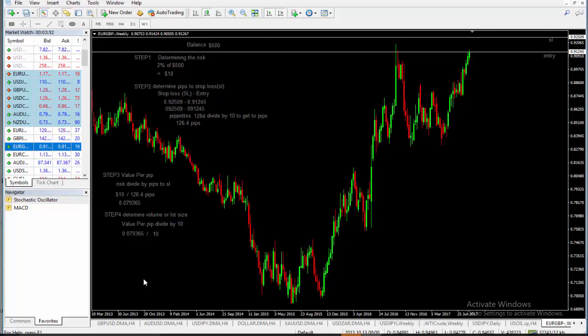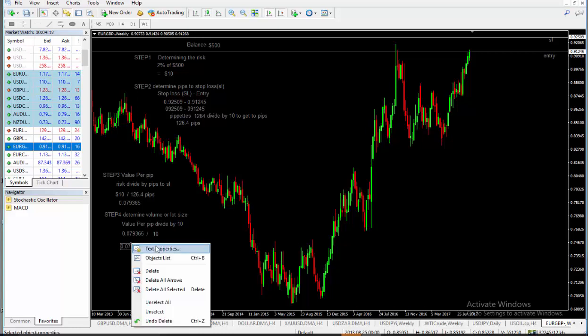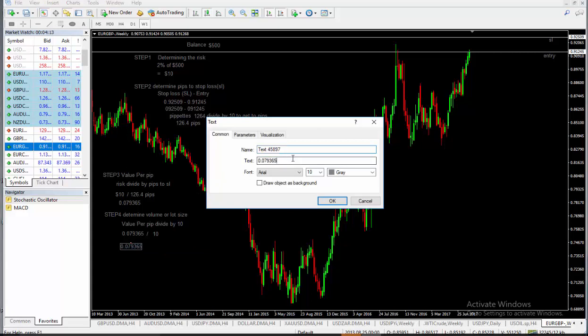So that's 0.079 and you divide it by 10, which will give you 0.0079365. So it doesn't really matter.